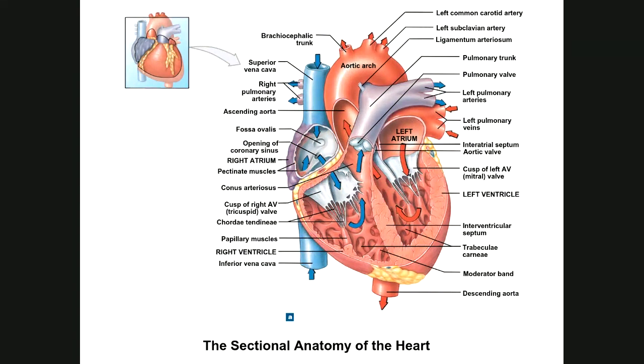When it is contracting, pushing, the tricuspid valve is open and this one is closed.